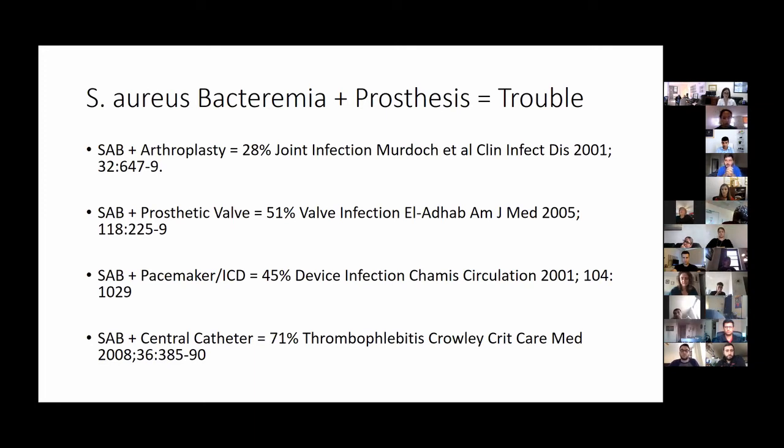So here I just wanted to show you the arthroplasty, prosthetic valves, pacemakers, central lines. Look at these incidences of complications. I think it's really important that we appreciate how significant a problem Staph aureus bacteremia can be.